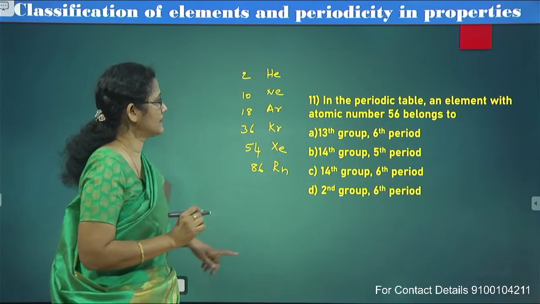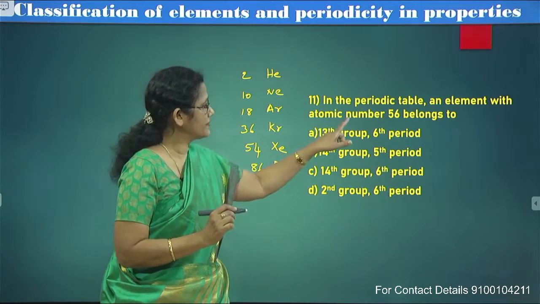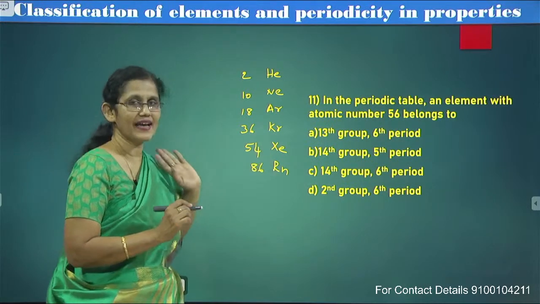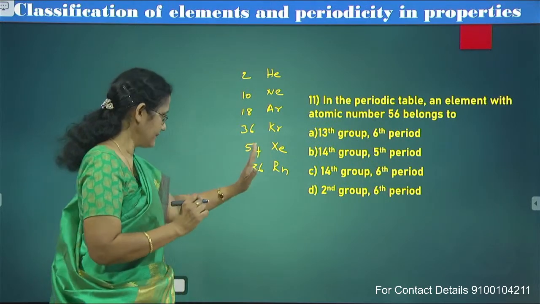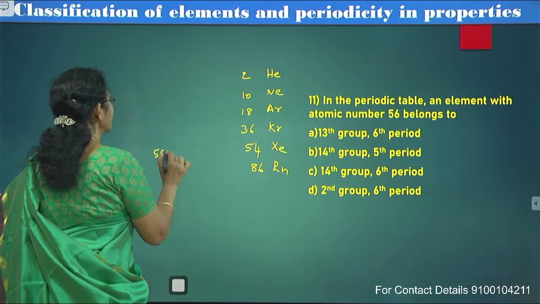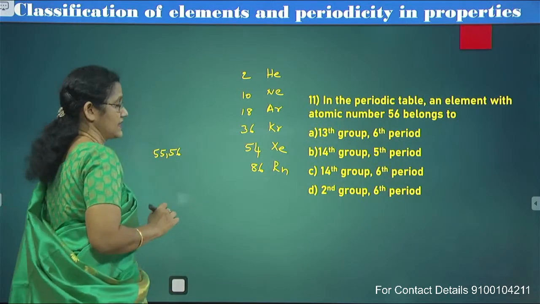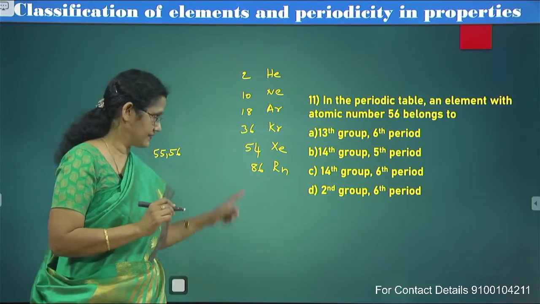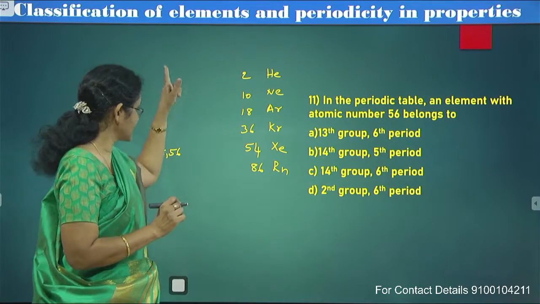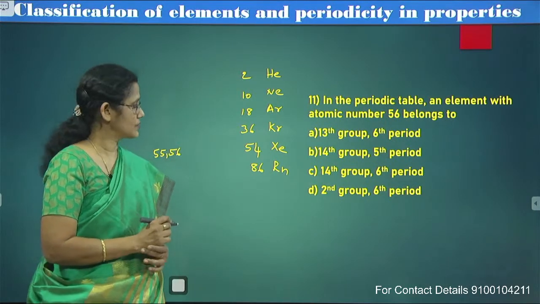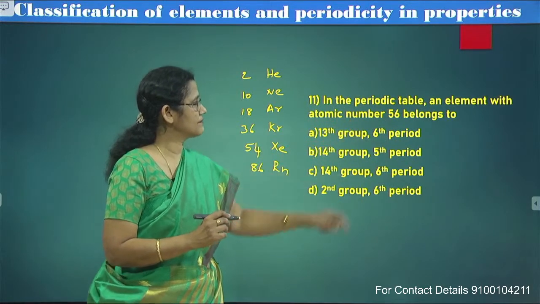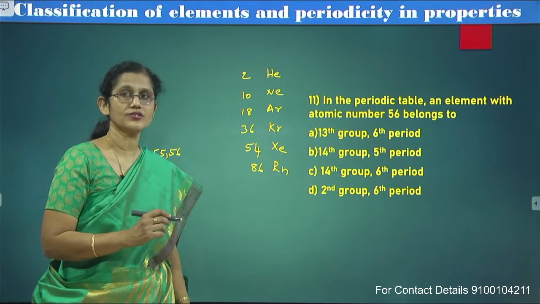Now, an element with atomic number 56: 54 is a noble gas, 18th group, then 55, 56. 55 should be in the first group, 56 should be in the second group.